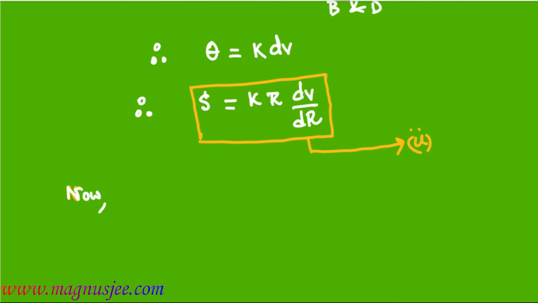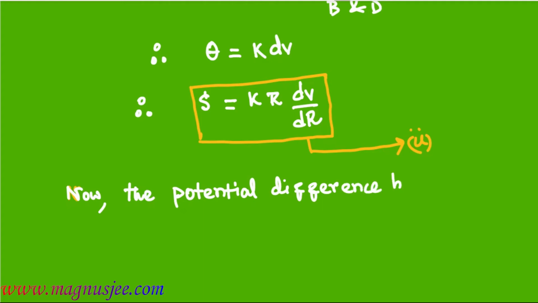Now, the potential difference between the 2 points B and C, that means the potential difference across the resistance Q. Now you have to find the expression of dV, that is VB minus VD.